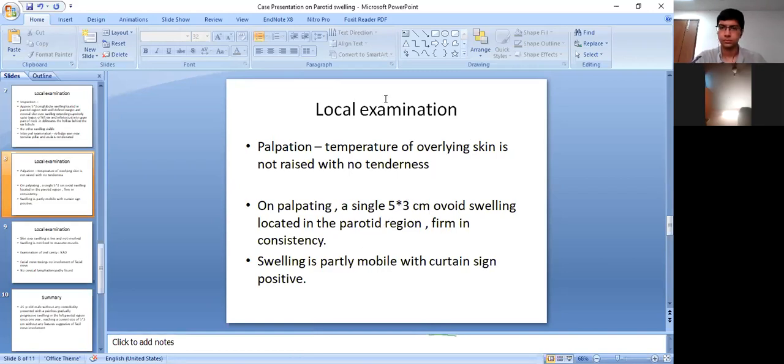Tumor does not go beyond the zygomatic bone. Why does that happen? Because the investing layer of the fascia is attached to the zygomatic arch. Excellent.